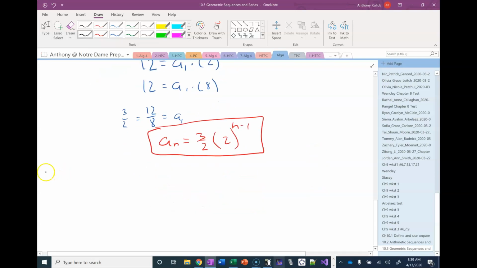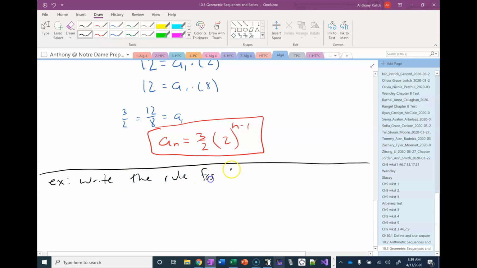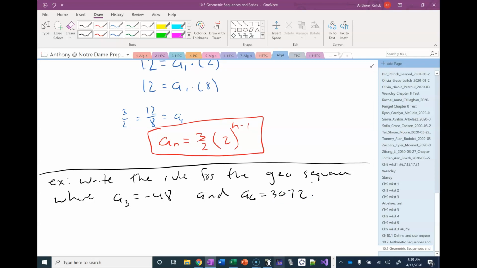Let's look at the most difficult of these situations. So let's say we want to write the rule for the geometric sequence where the third term is negative 48 and the sixth term is 3072.